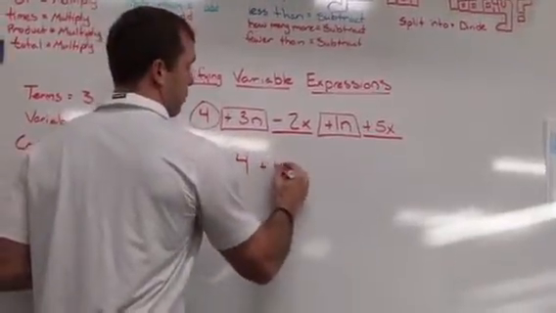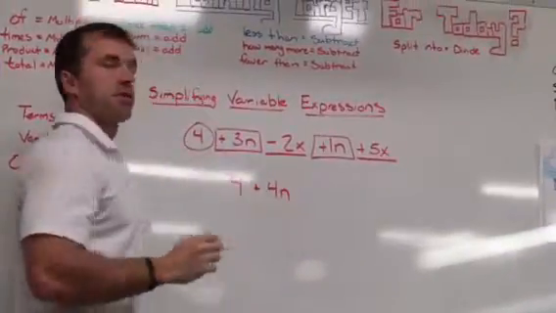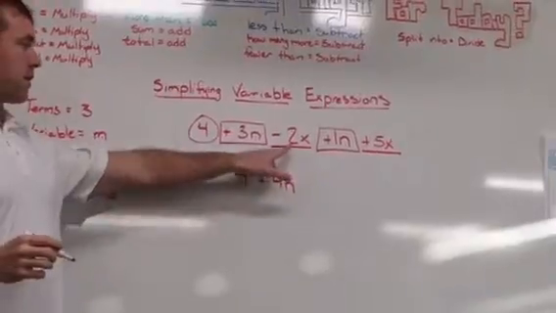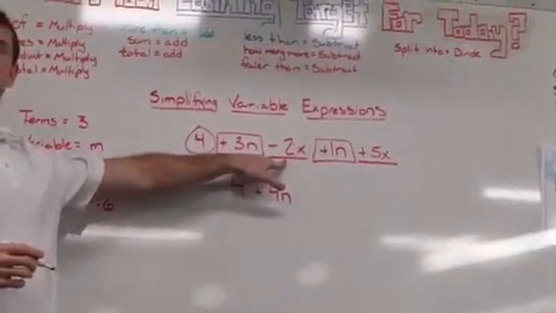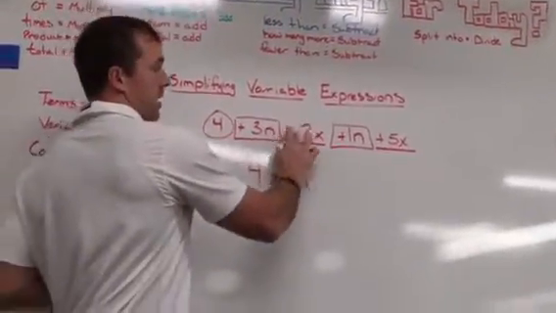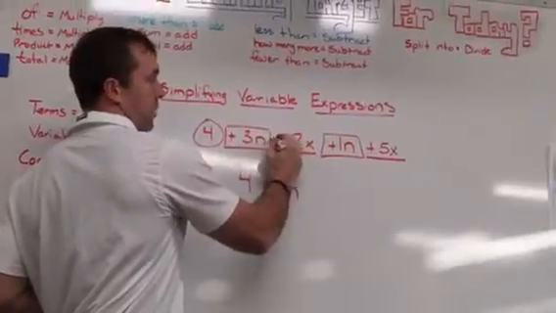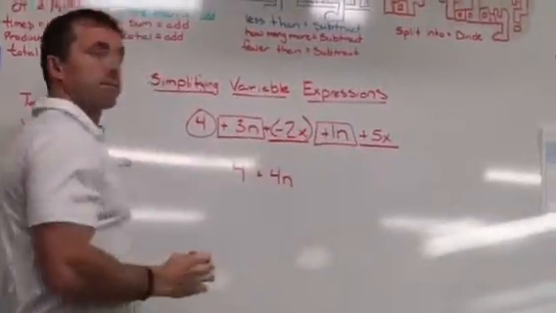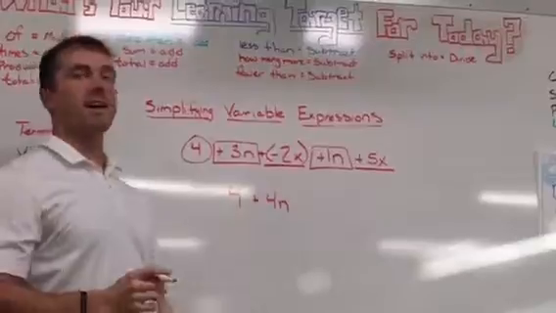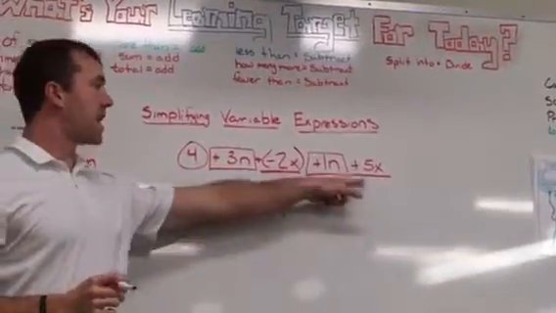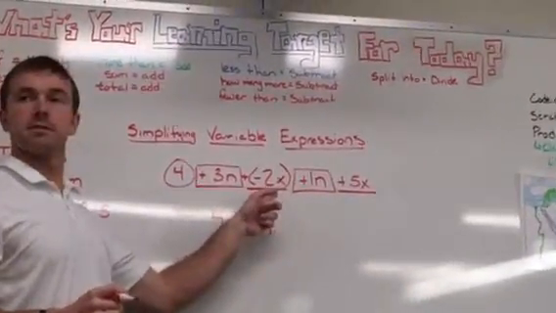Plus 4n. All right, this is a trickier one. You have negative 2x, or you could change this to plus negative 2. And then you have a positive 5x. So what is 5x plus 2x? 7x.